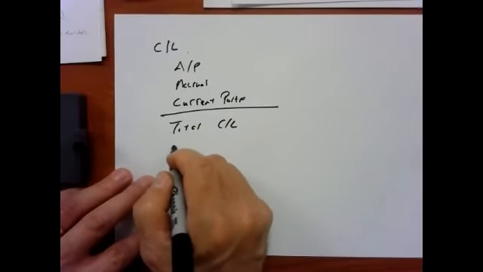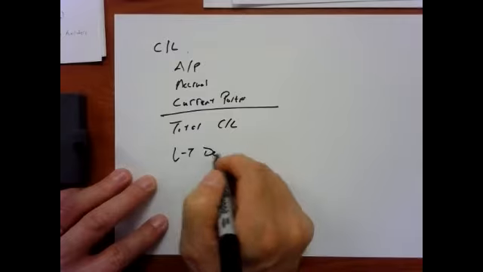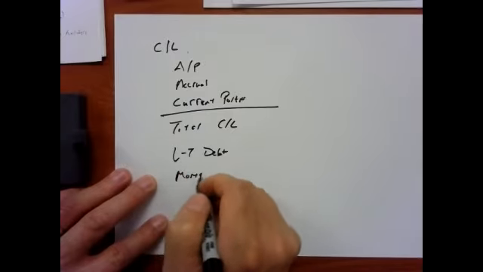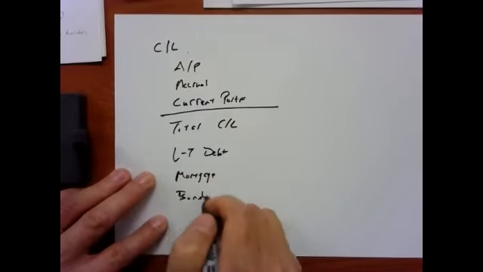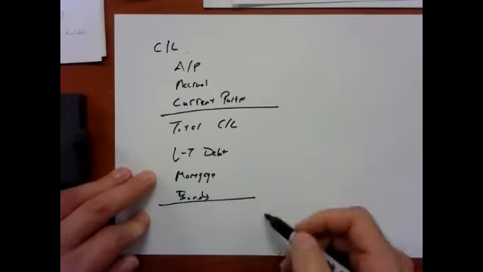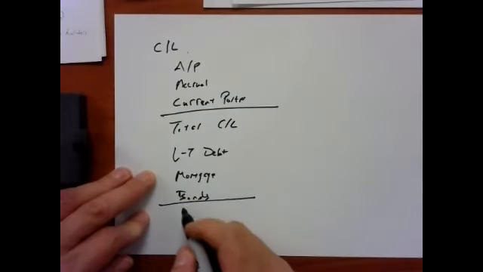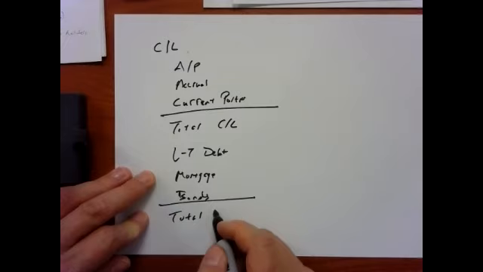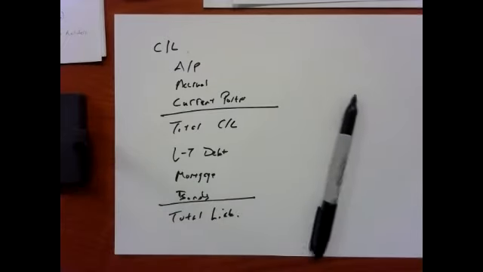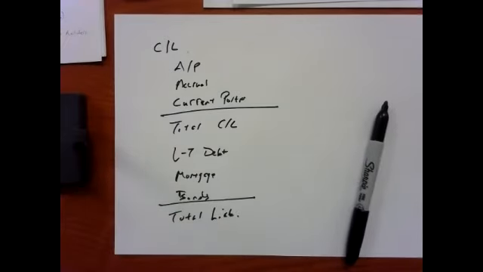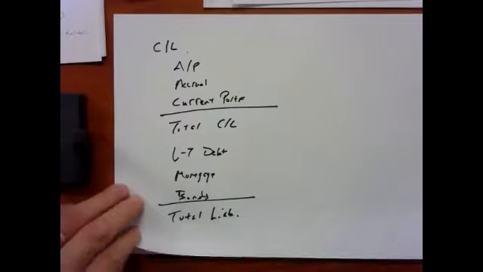And then you would have things like long-term debt, maybe a mortgage or bonds. Then you would add all of this together, including the current liabilities, and you would get your total liabilities, okay? All right, so you have total liabilities.